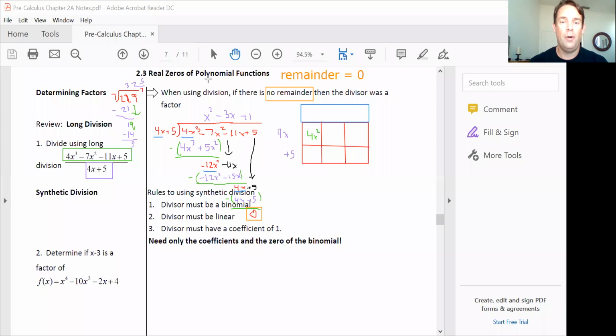So my 4x cubed would have been in the top left, although that should have been a cube there. And then my positive 5, if I were to multiply this out using a generic rectangle, would have been in the bottom right. And I don't know if you guys noticed this or not, but this diagonal of rows always gave us that second term, in this case the negative 7x squared term.